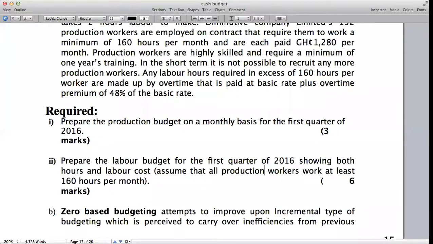Prepare the production budget on a monthly basis for the first quarter of 2016. 3 marks. So let me give 3 minutes.